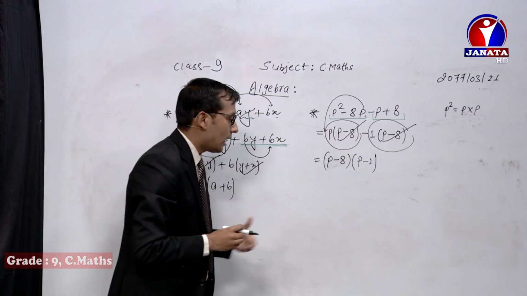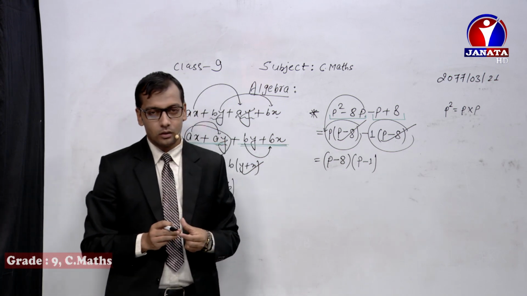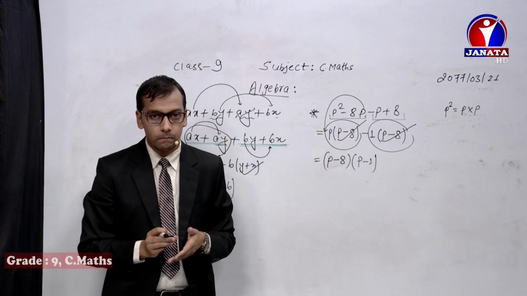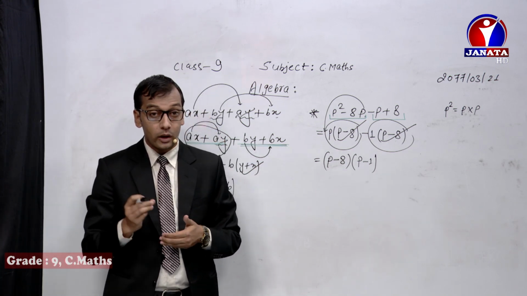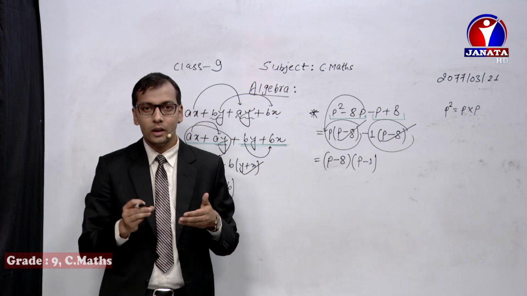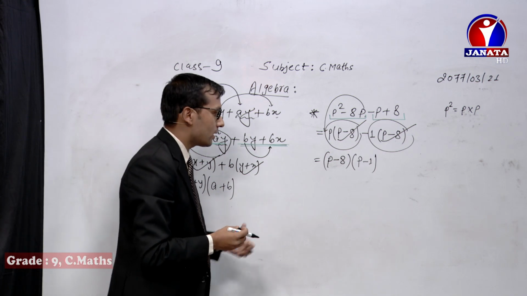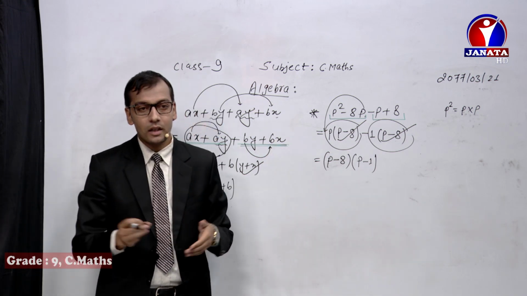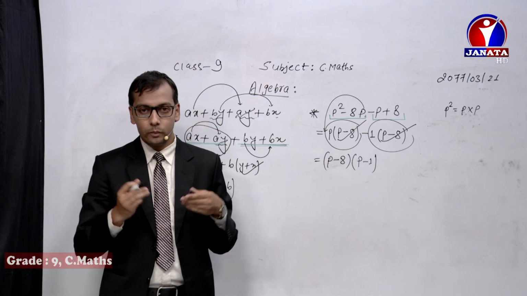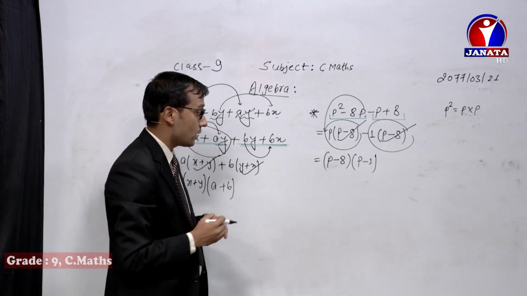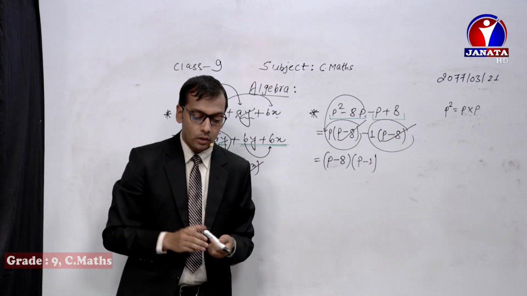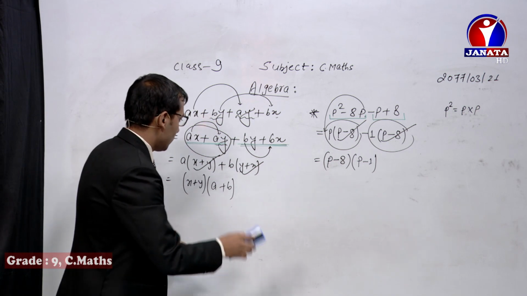How to factorize a question depends on our practice. If we practice more and more questions, we can get the idea how to factorize an expression. For that we need to practice more algebraic expressions. So let's try now the third example.